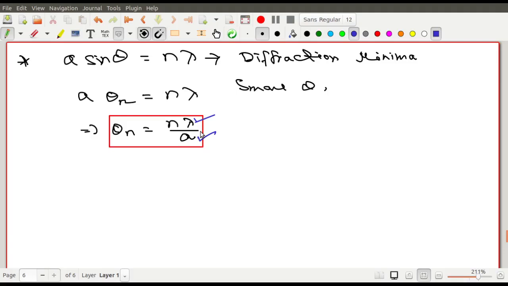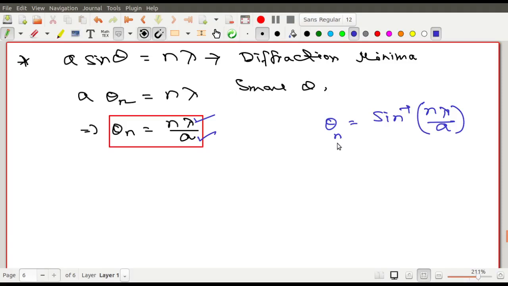Because if they are, you will see an appreciable change in theta values when you change n. You may not take it to be small. If you don't take it to be small, then theta equals sin inverse of n lambda by a, right? I want to say that if you change the value of n, then theta n should appreciably change.